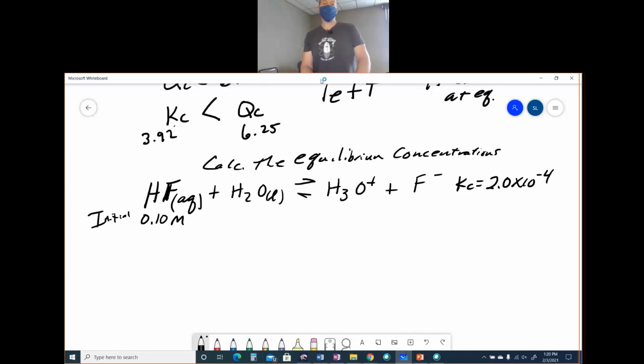All right, and so the first thing that you're going to do is write the setup for Kc, and that will determine if you've got a chance at getting the problem right. It should be the easiest thing to do. Just like in chapter 4, all ions are aqueous, so if it has a plus or minus charge, it is aqueous.